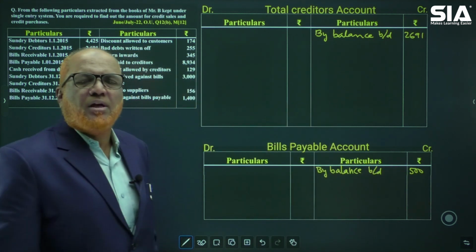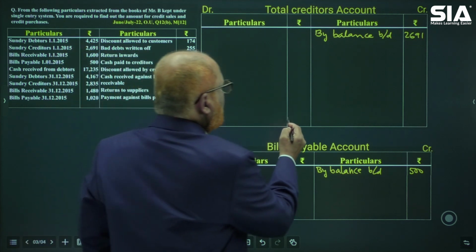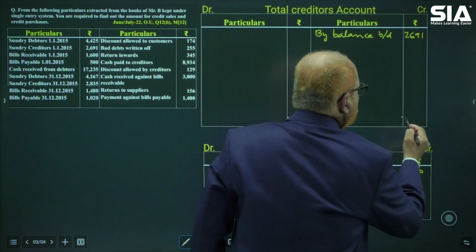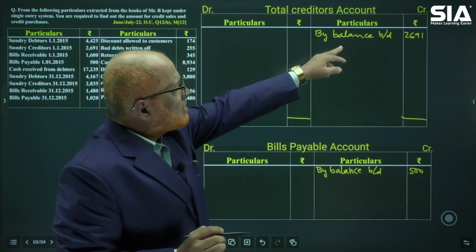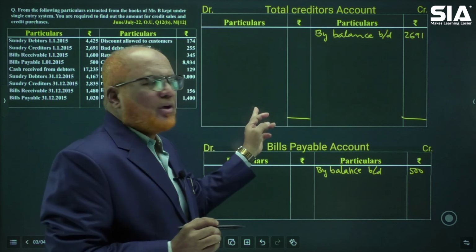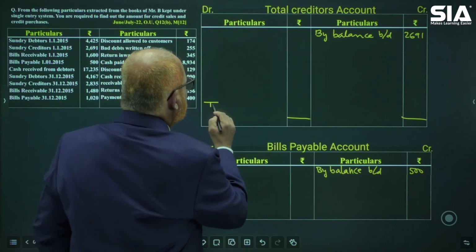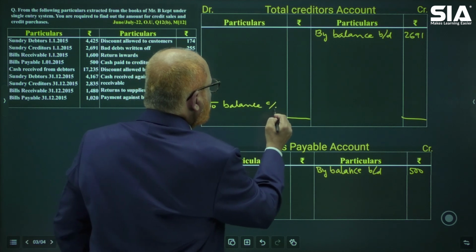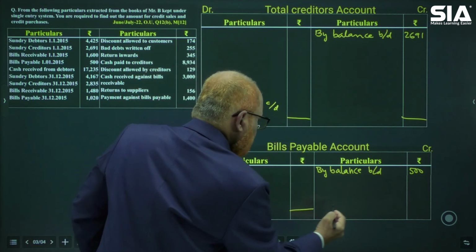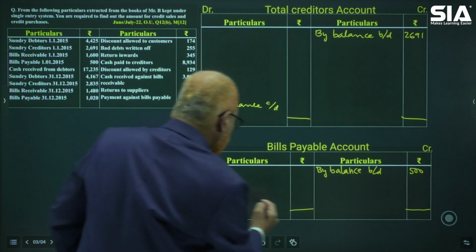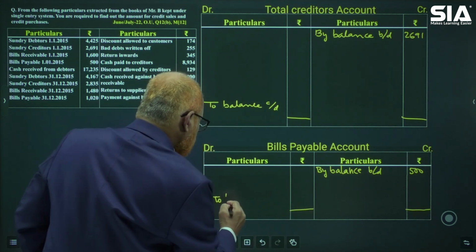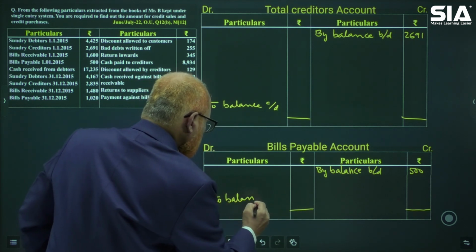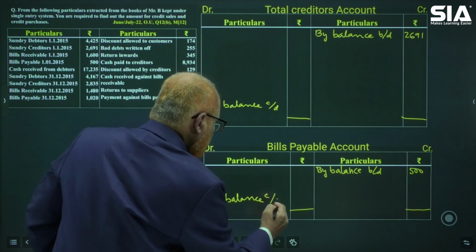Opening balances we have taken. Similarly, closing balance we will take at the last. Opening balance is on the credit side, so closing balance will be on the debit side. To balance carried down. Here the bills payable account is also the same thing. To balance carried down.